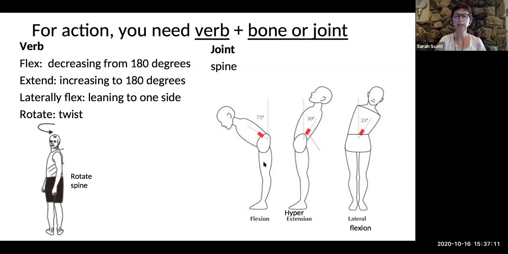So we've got one line here, and we have one line here, okay? And so when you are flexing the body, this angle here will decrease. When you extend the body, the angle formed between your torso and your leg will increase. And if you go past standing upright, that is considered hyperextension.